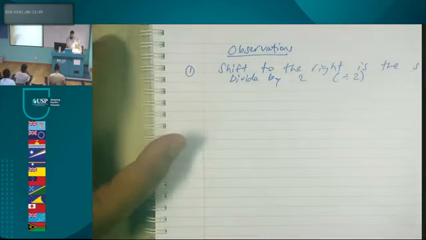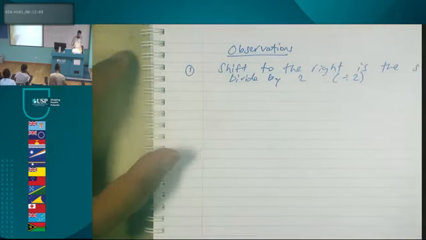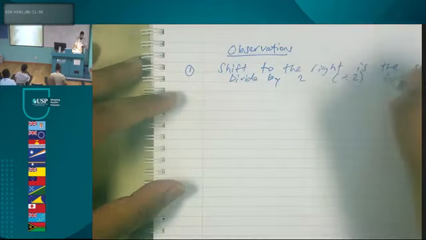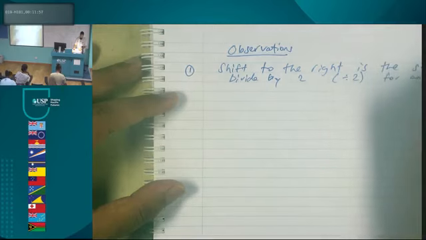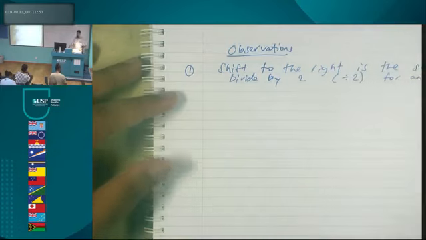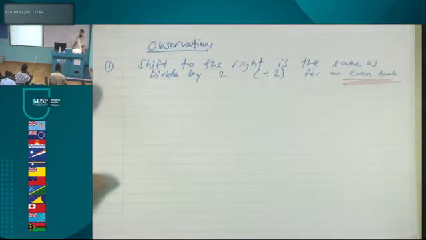Shift to the right is divide by 2, for an even number. Right, for an even number. That is a very important point here. For an even number, it is divide by 2.